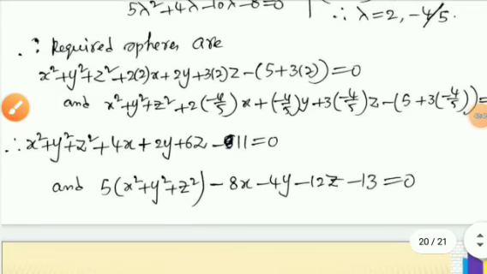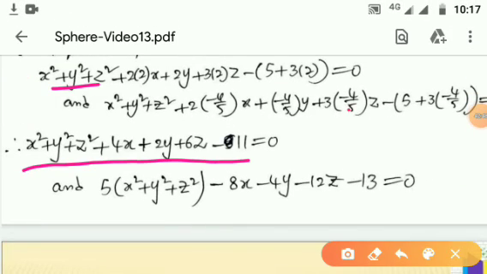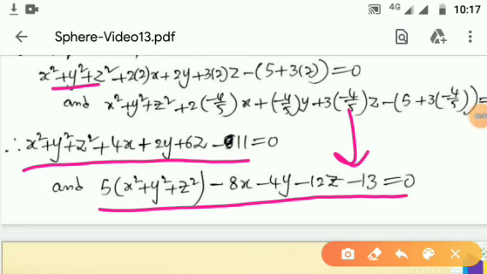By simplifying this, you will get this equation, and on simplification of this, you will get this equation. These are two spheres satisfying the given condition. That is nothing but these are two spheres of the given coaxial system, touching the plane 3x plus 4y is equal to 15.